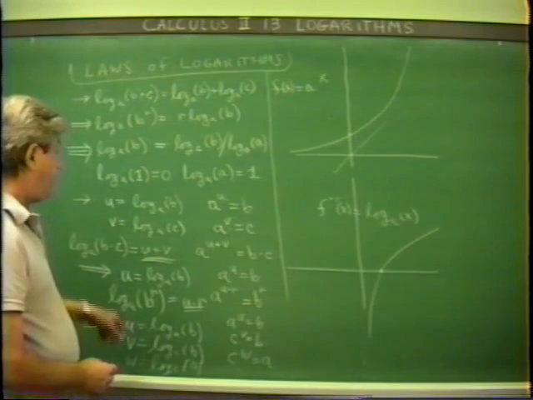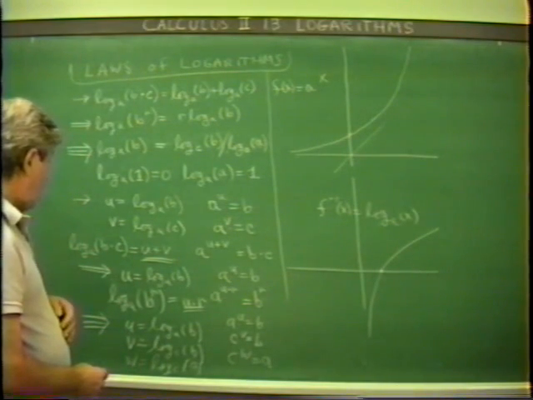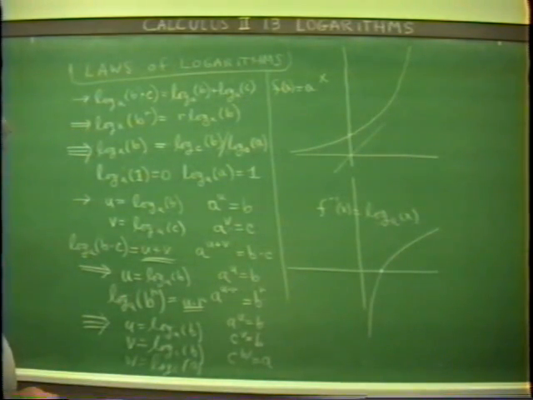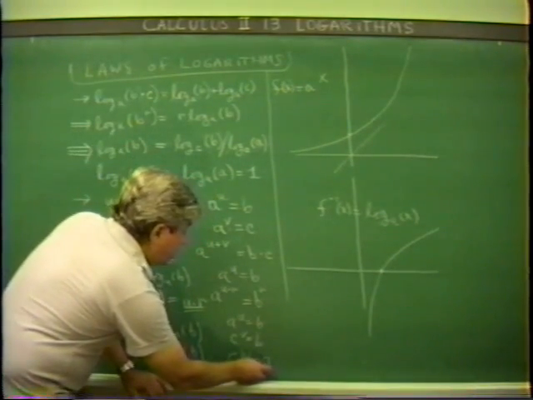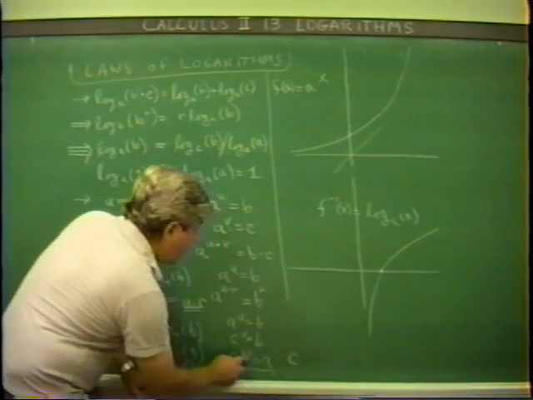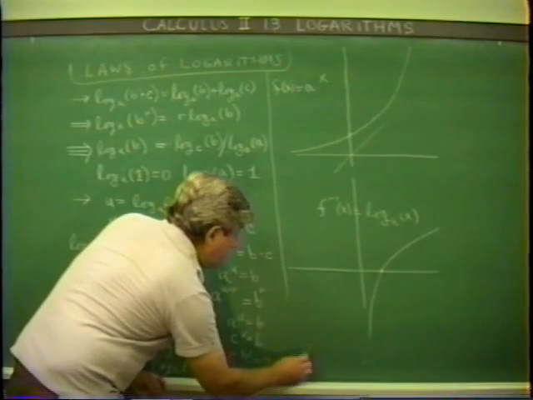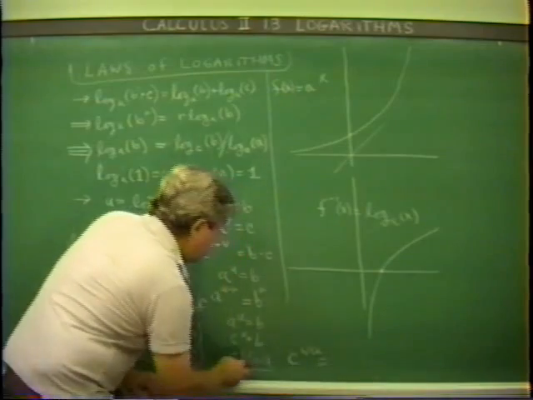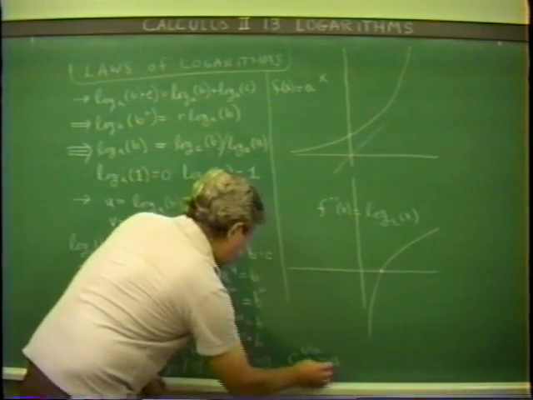So from a to the u equals b, c to the v is b, and c to the w is a, we get c to the w to the u, which is c to the w times u, is equal to a to the u.